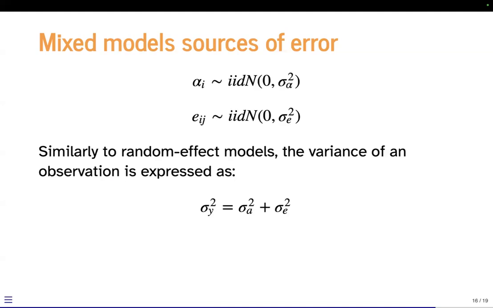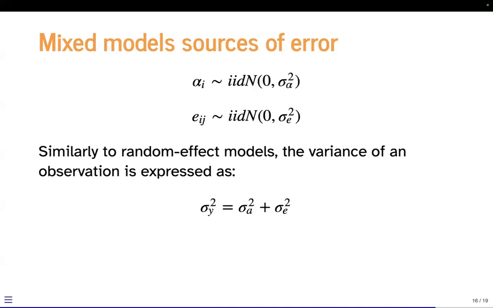What happens most of the time is, let's say our RCBD with blocks fixed, the variance of a given observation was just related to the variance of the residual. There was no variance related to the block because the block effect was being sucked into the mean effect of the block and not into the variance of the block.